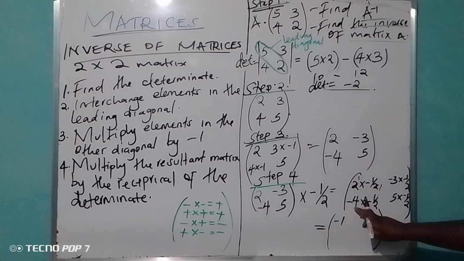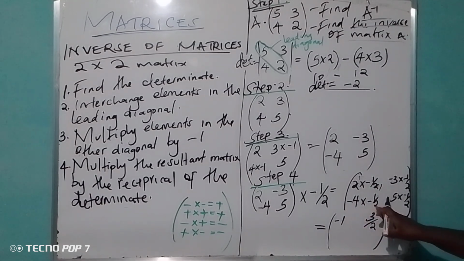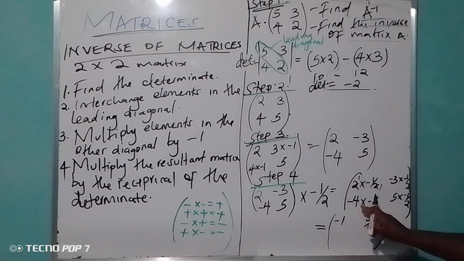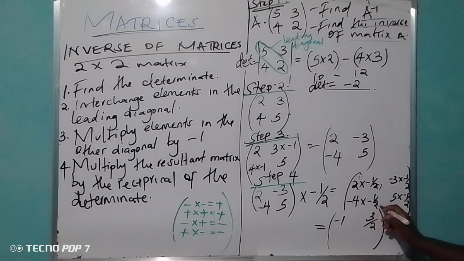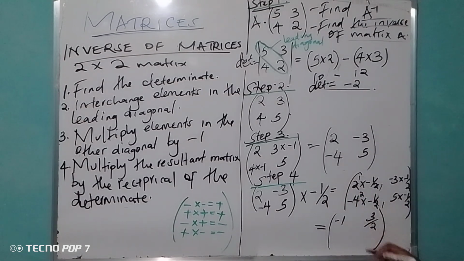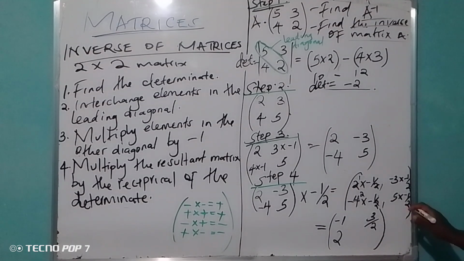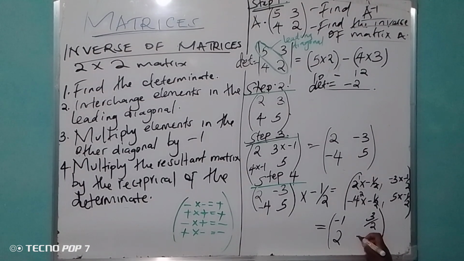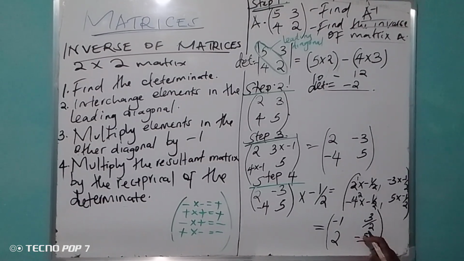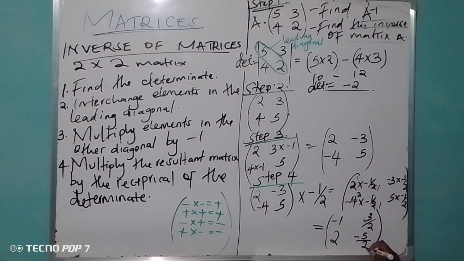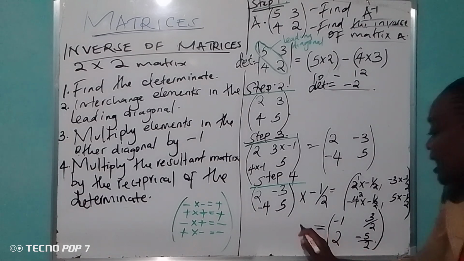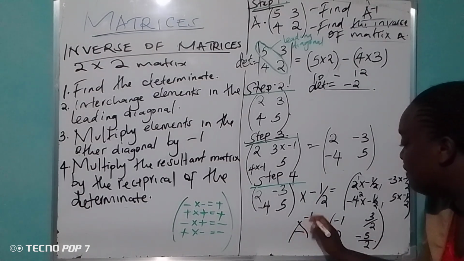Then -4 times -1/2, power 1 hapa 2, sindio? So itakuwa positive 2, sindio? Then 5 times -1/2 will be -5/2. So this is the A inverse.